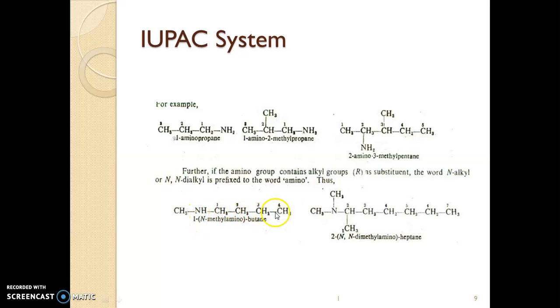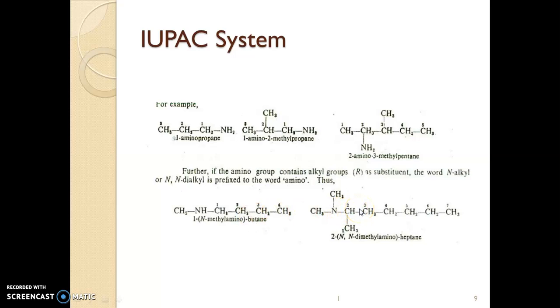See, this is the longest continuous chain, 1, 2, 3, 4. At the first position the amino group is attached, so we have written 1 here. Then N-methyl, because to this nitrogen a methyl group is present, then amino, and the 4 carbon containing alkane, that is butane. So it will be 1 N-methyl amino butane.